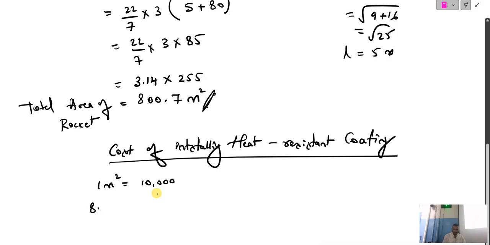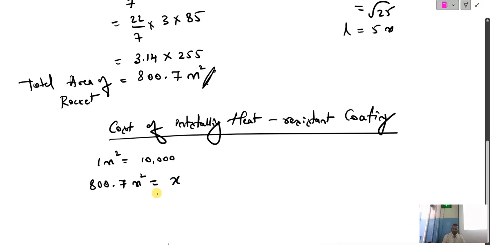Now what is the area? 800.7 meter square. We don't know how much, so we can write X rupees. For 1 meter square, 10,000 rupees. Now 800.7 meter square we don't know, is equal to X rupees. Now cross multiply. Remember this point. This with this, this with this.